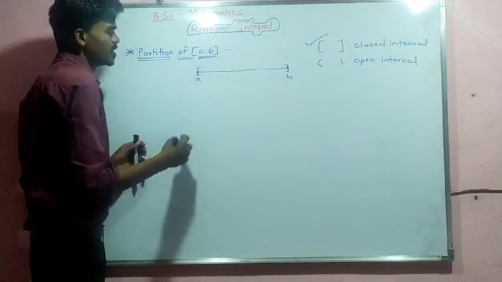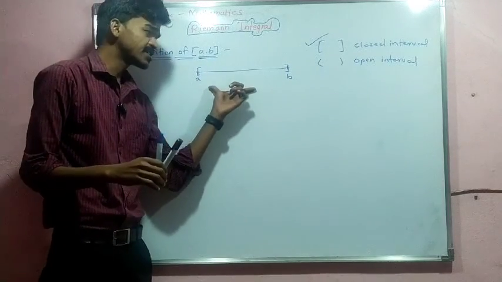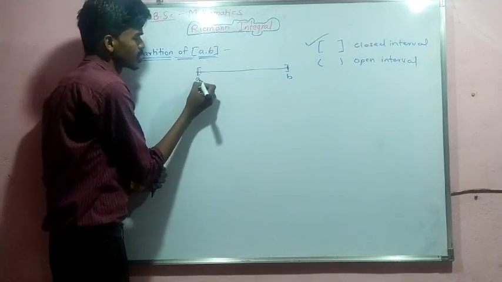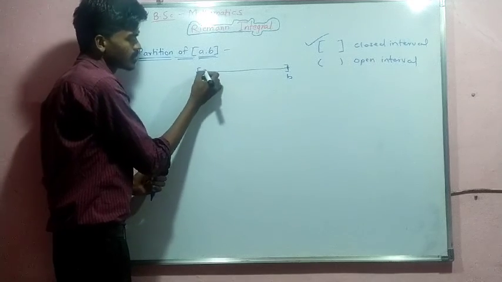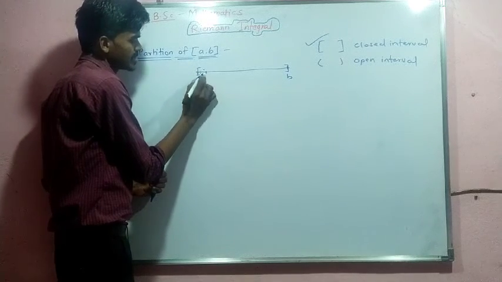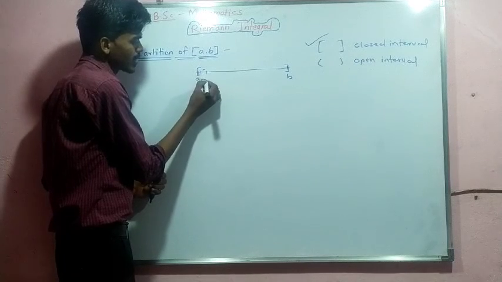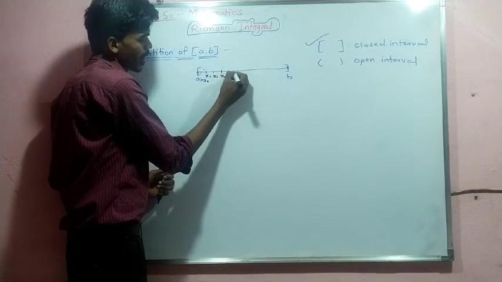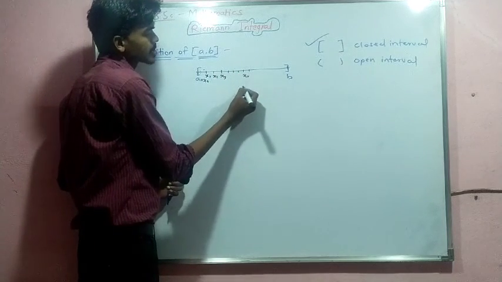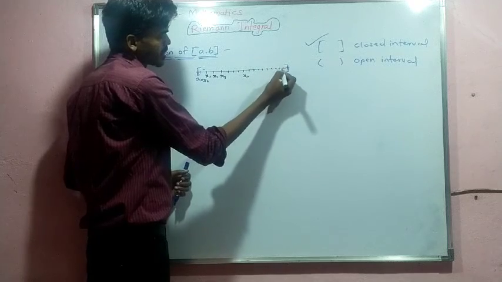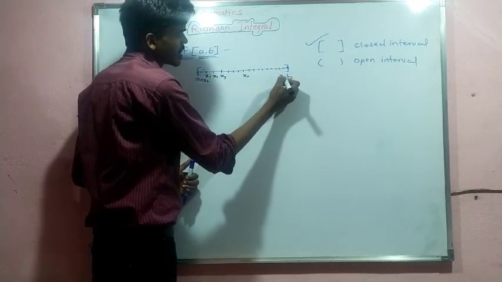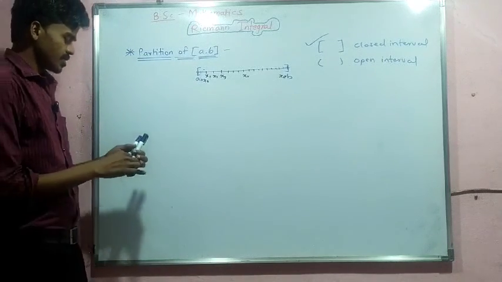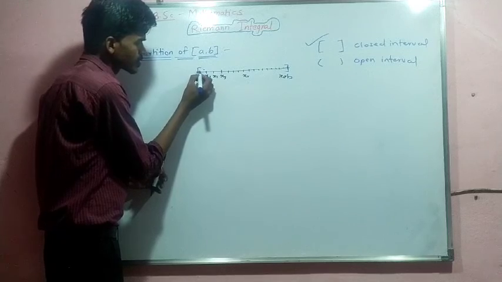Partition means we need to split this interval into n parts. Here A is equal to x naught, x1, x2, x3, and so on, let's say xr and so on, up to xn equal to b.